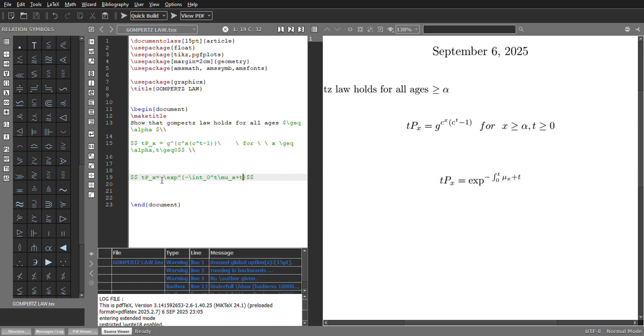So this is what we know from our basic concepts in actuarial science.